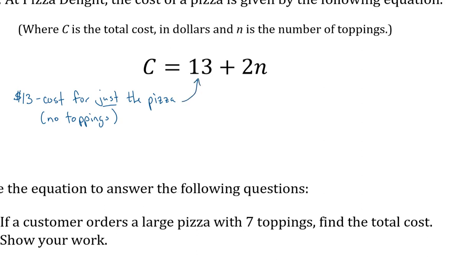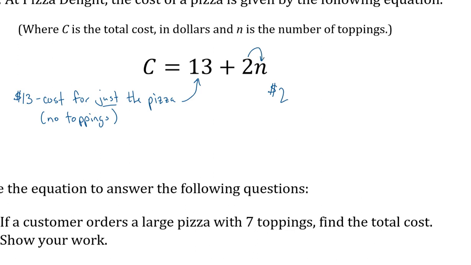So what is the 2? Well, think of it this way. It is an amount of money, and this is the number of toppings. So if the number of toppings is 1, this whole part is $2. If the number of toppings is 2, this whole part is $4, because it would be 2 times 2, right?